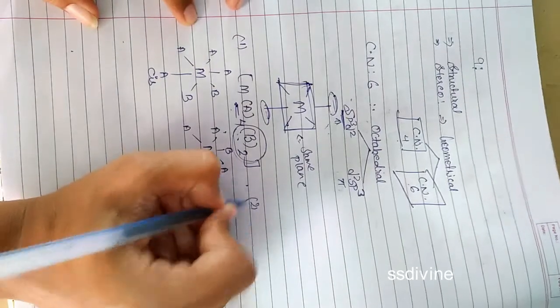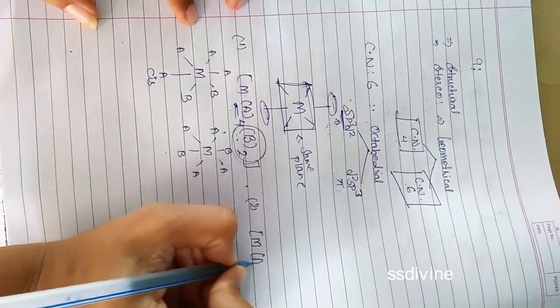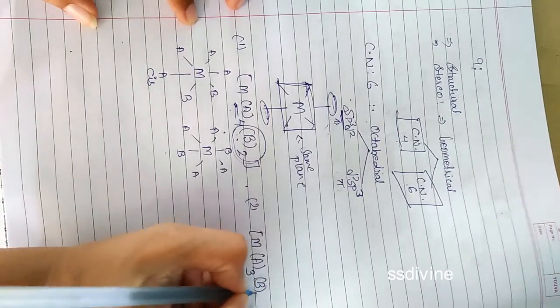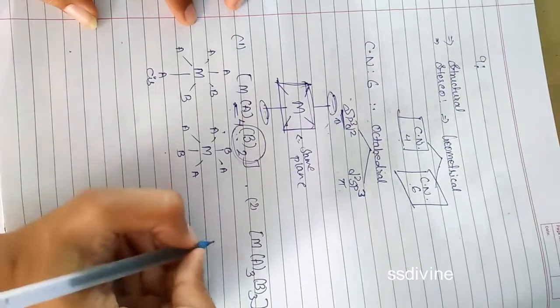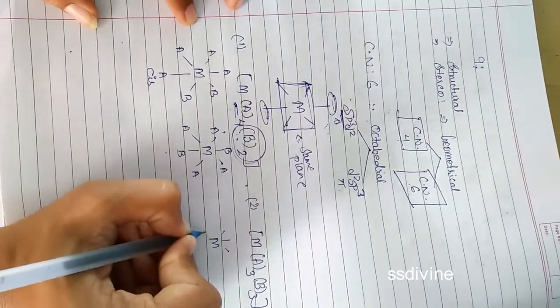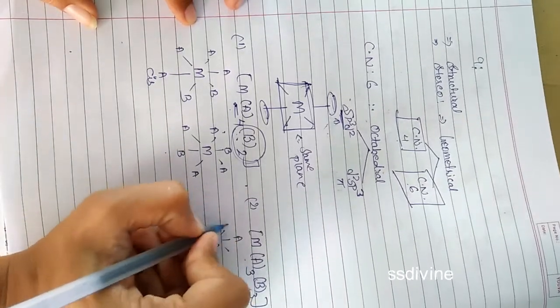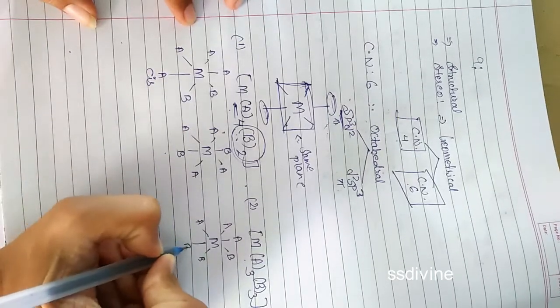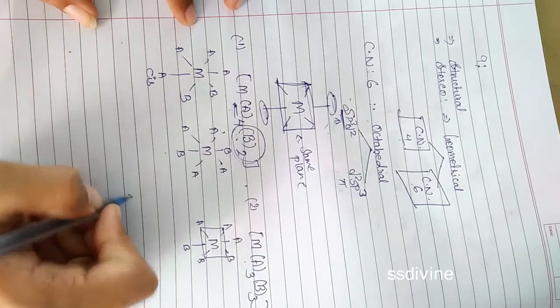Now if I am having a complex with central metal atom where A is repeating 3 times and B is repeating 3 times, so what will we do here? Again you can find the isomerism over here. A is repeating 3 times. I am keeping all the A's on the same side and B's on the same side, right? So this is the complex.